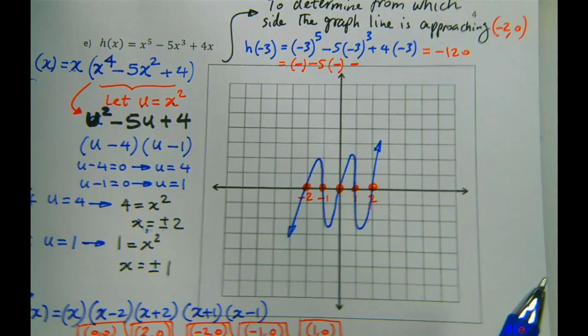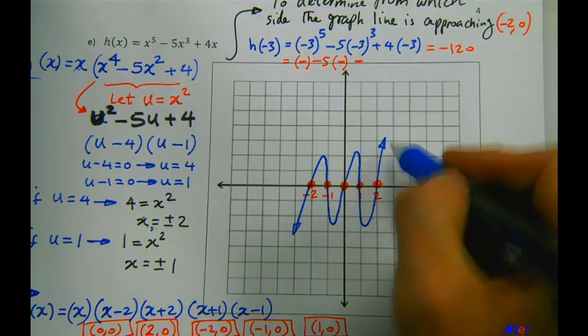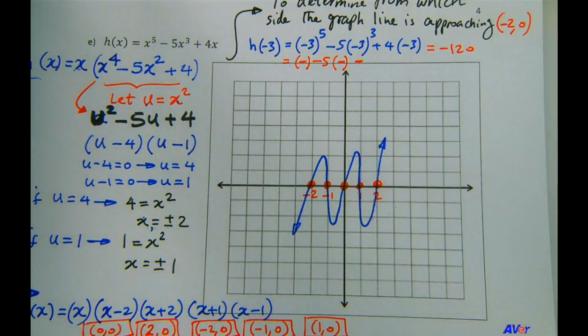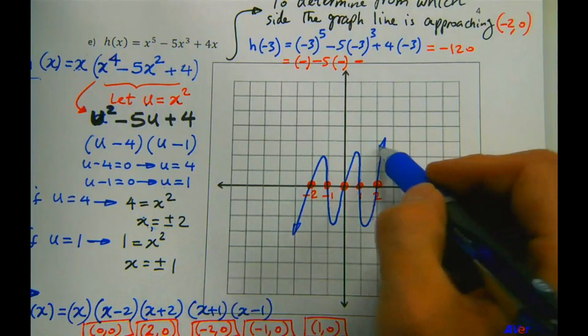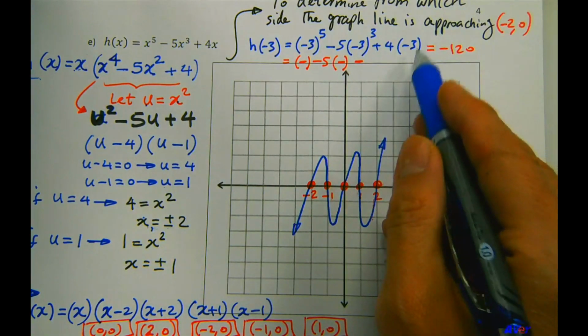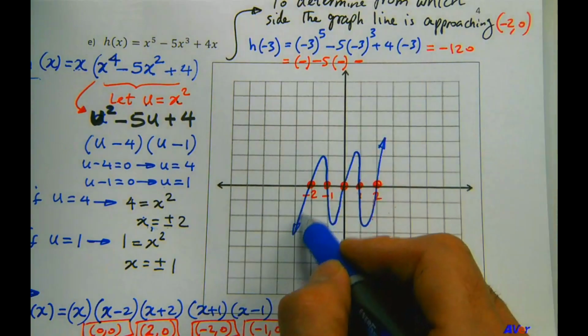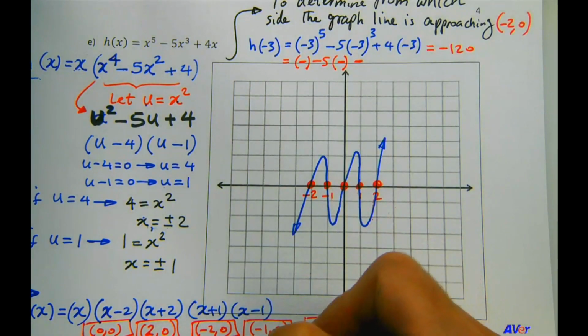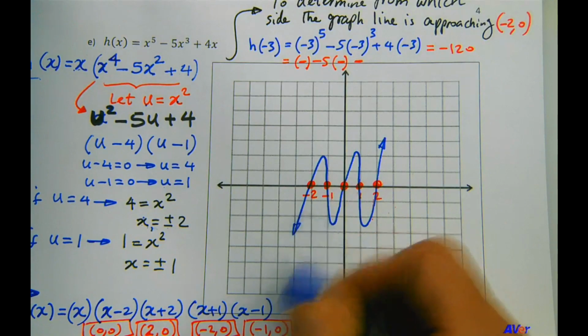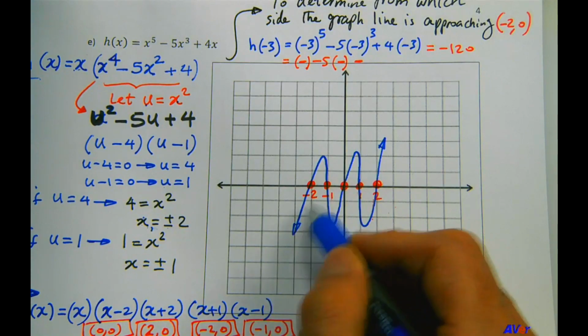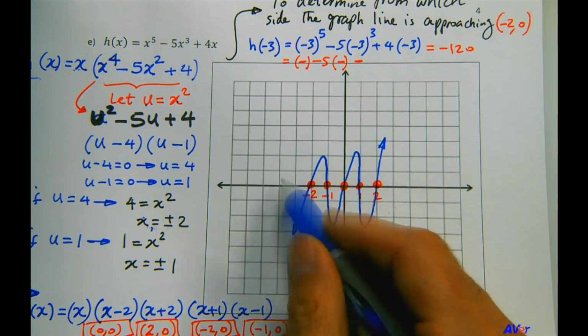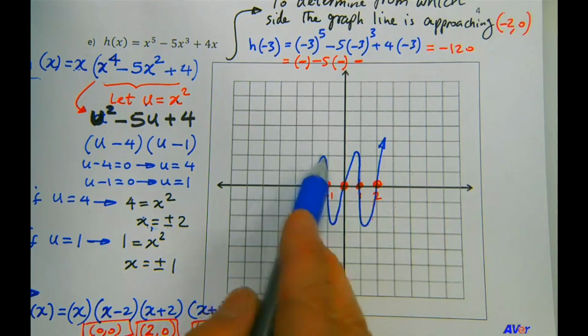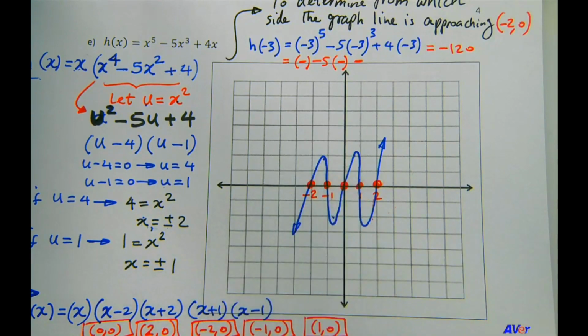So that also tells us that on either side, the graph line is going to continue: on this side it continues rising, and on this side it continues diving this way. On neither side is the line going to curve back towards the x-axis again, because we do have the maximum number of turning points.